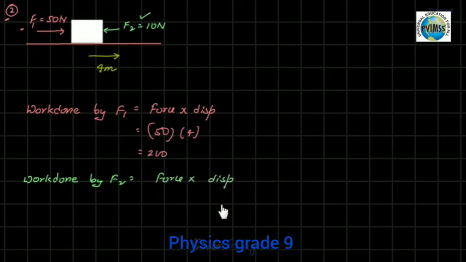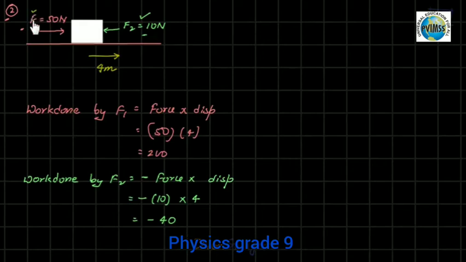Okay students, then we will put the values. For F2, here we will also put the negative sign, I will tell you later why. Put negative sign here, and then 10 Newton, the value of force, and then displacement, that is 4 meter. So this equals minus 40 Newton meter.